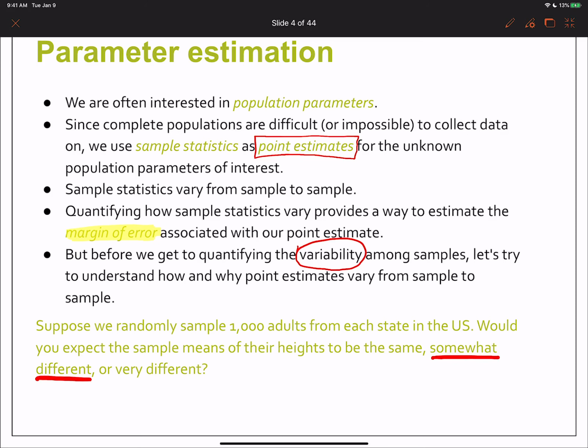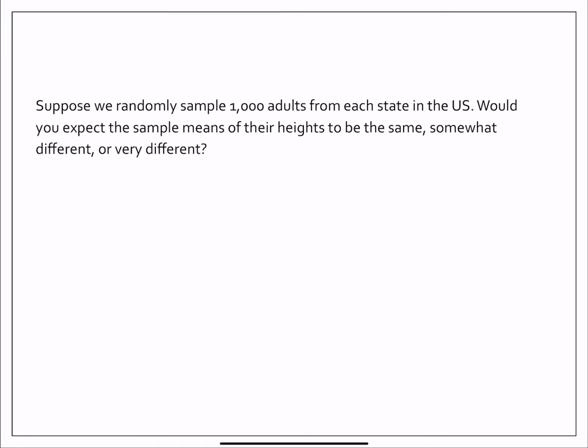Basically somewhat different, in that when we take that sample of the 1,000 adults, we don't expect every state to have the same exact mean, right? But one state might have a mean height of, I don't know, 5'7", while another state has a mean height of 5'7.5".